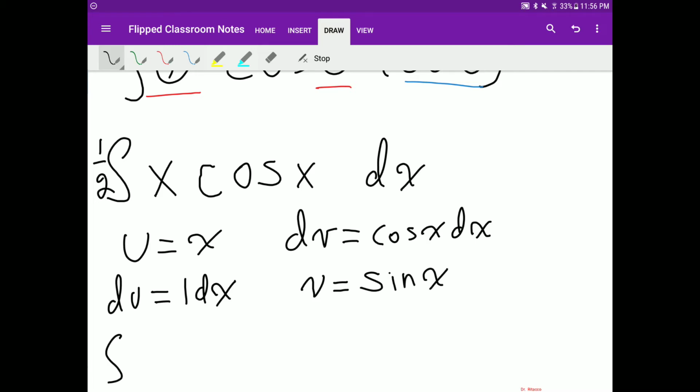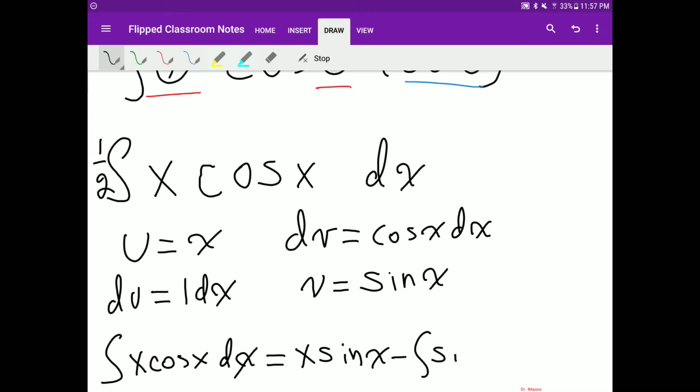Now I substitute into my integral. The integral of x cosine x dx, right, u dv, is equal to u times v, x sine x, minus the integral of v du, integral sine x dx.